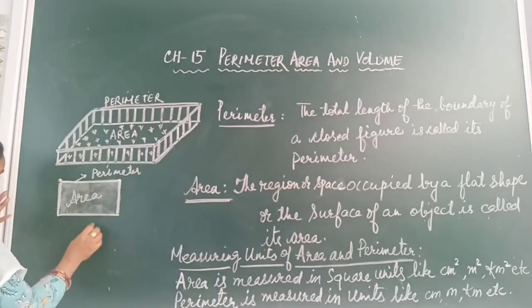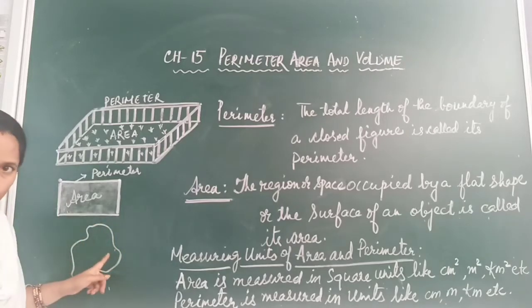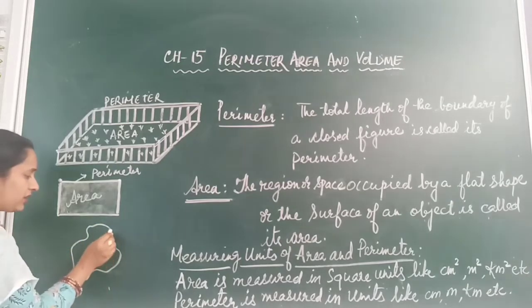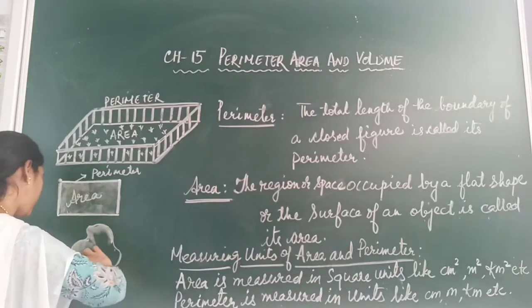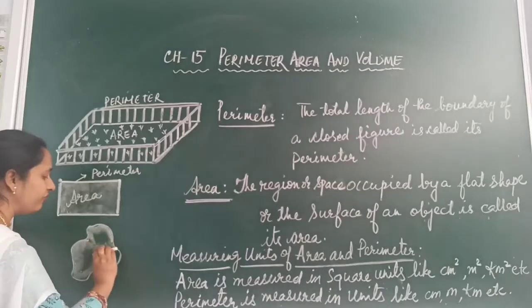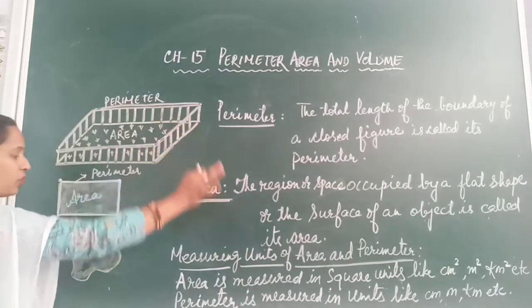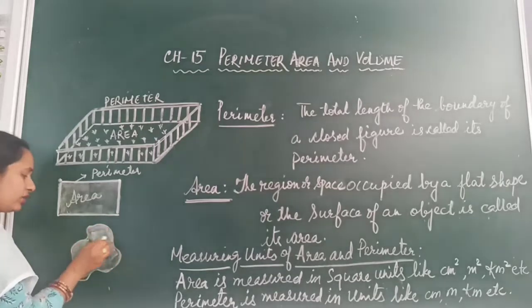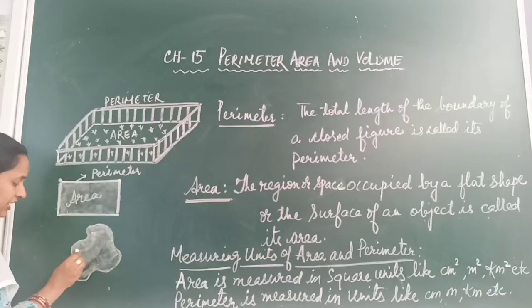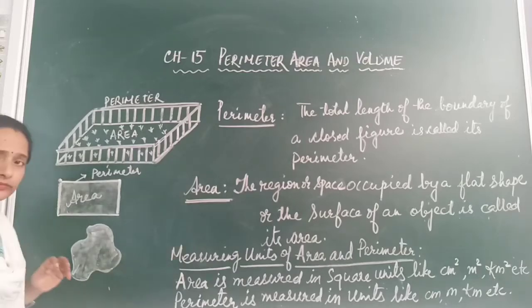So if you are taking any irregular shape also, but it should be a closed figure. So this particular irregular shape is enclosing some space of this particular flat surface. That is, here the flat surface is a board. On this board I have drawn this irregular shape, where this irregular shape is occupying or enclosing some space of this particular board.